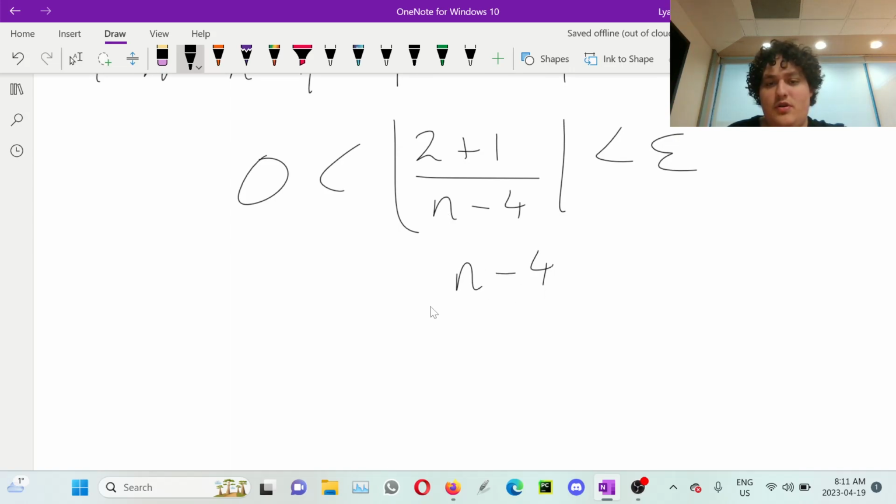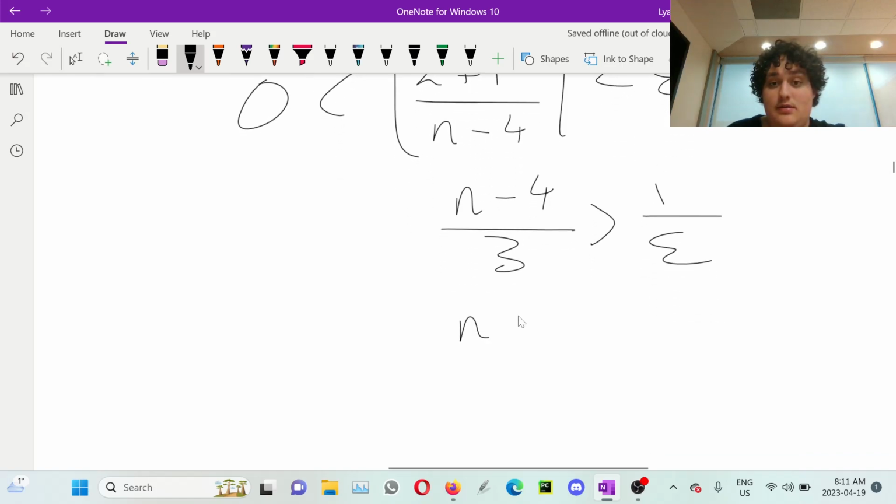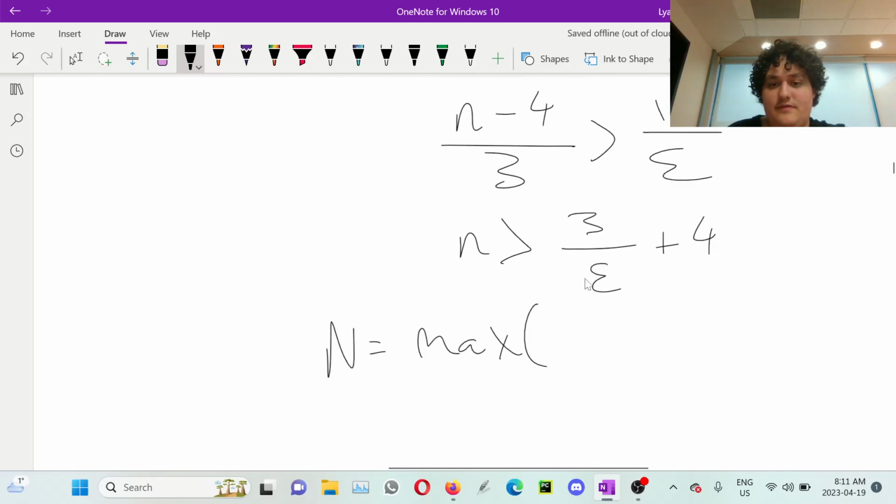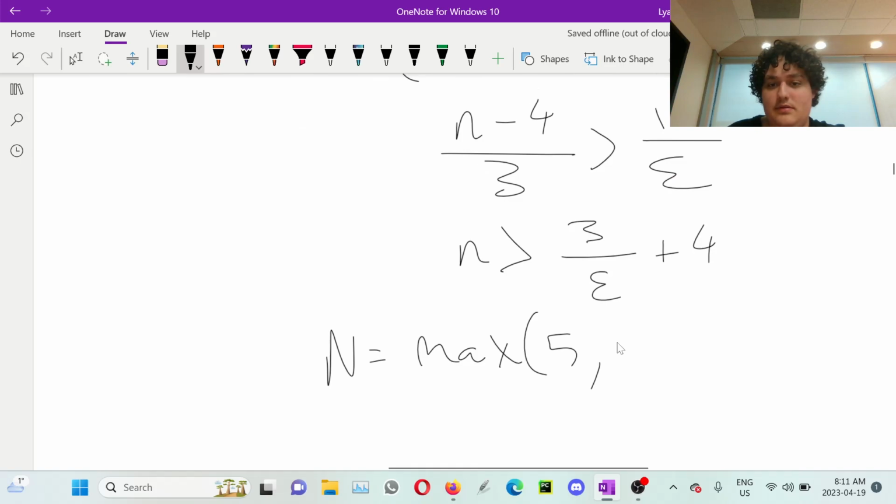N minus 4 over 3 is bigger than 1 over epsilon. And we're basically finished. N is bigger than 3 over epsilon plus 4. So then we just choose n to be the maximum of 5 and 3 over epsilon plus 4.